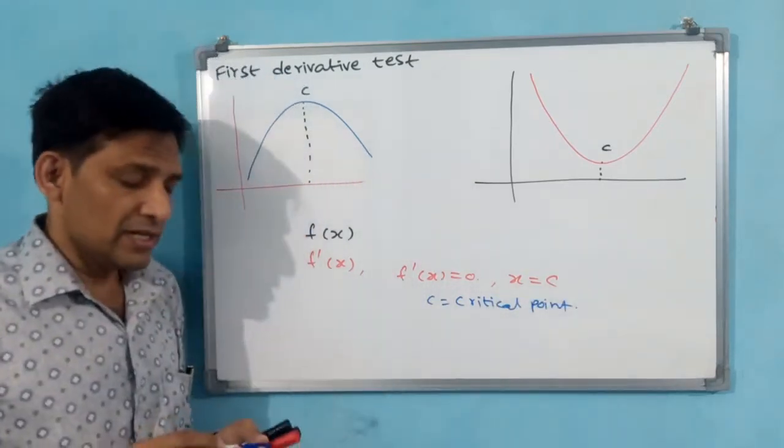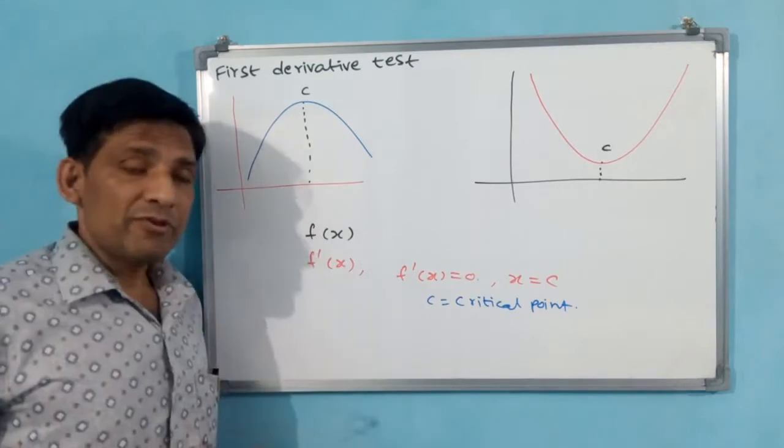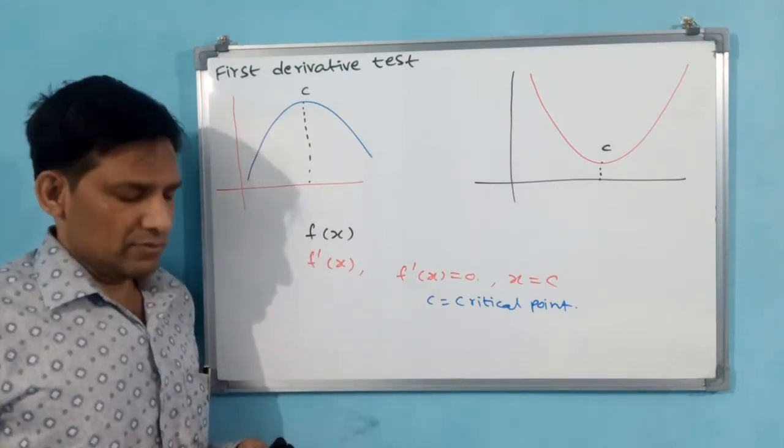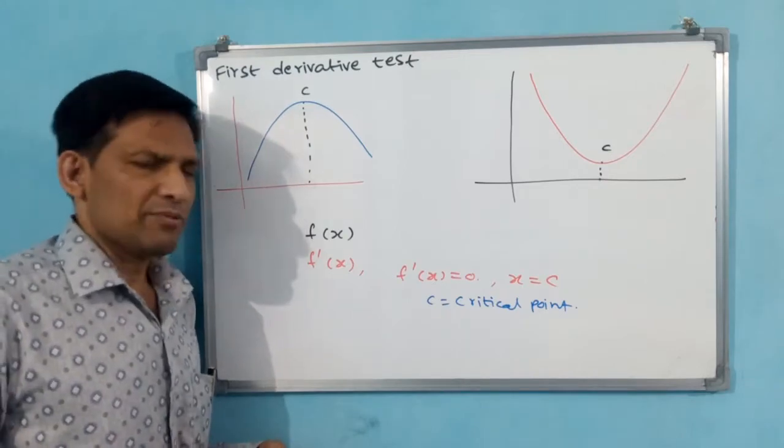In the derivative test, this critical point has three types.